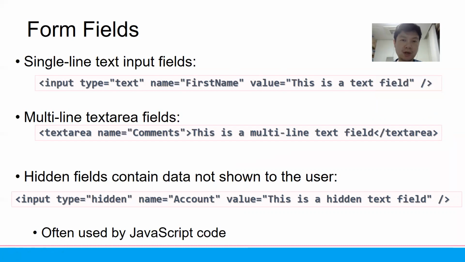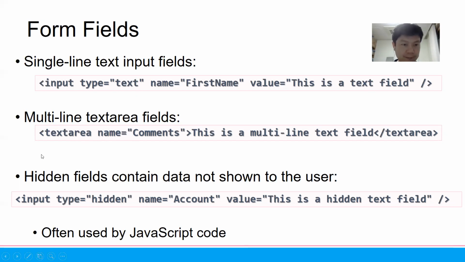Name is the name of the input itself, and value is the original or initial value before the user inputs something. The multi-line text area is for the comment. We have the comments here. Text area means it is a multi-line text field.